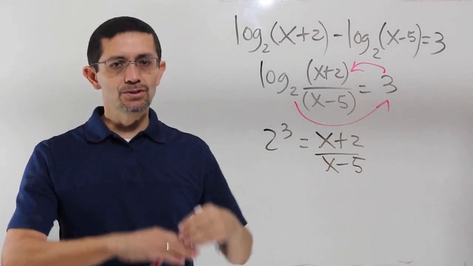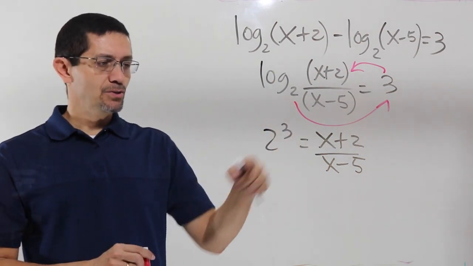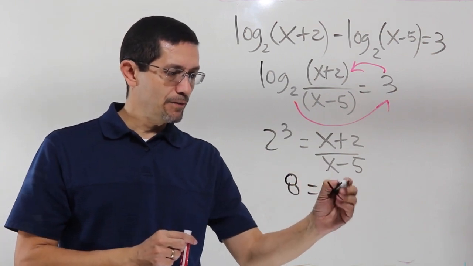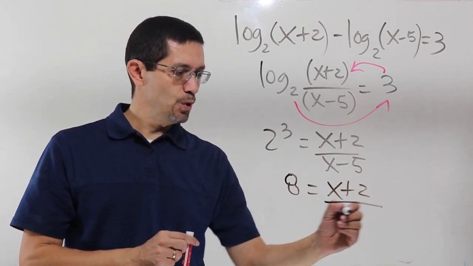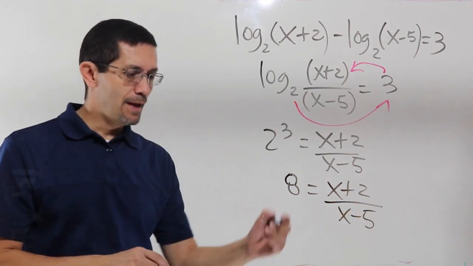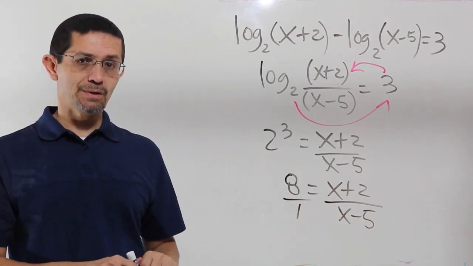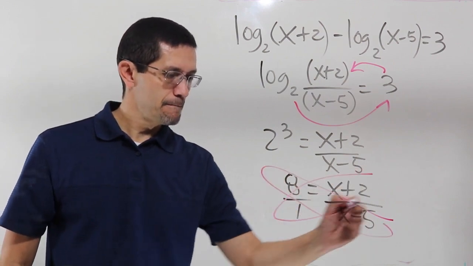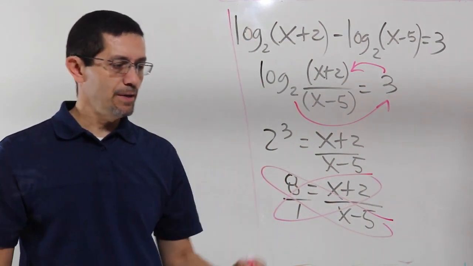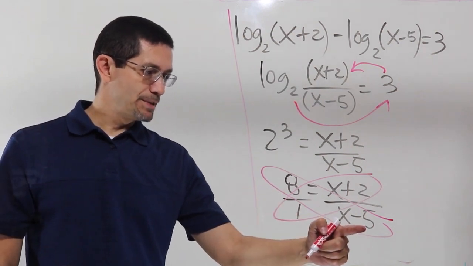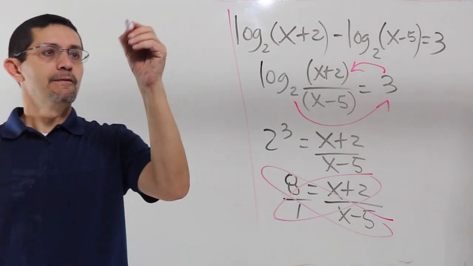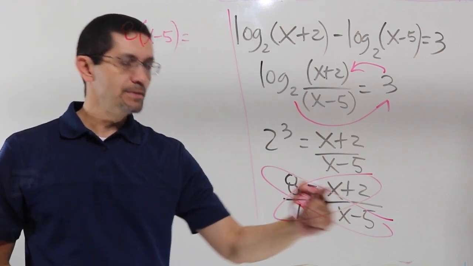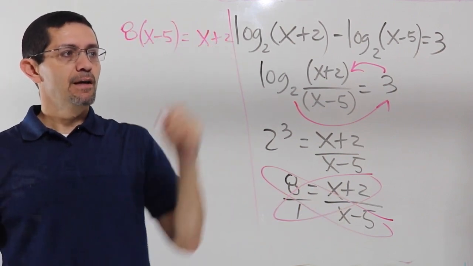Once I have an equation, it's just a matter of algebra. Okay? 2 to the third power is 8. And then I have x plus 2 over x minus 5. And now, cross multiplication. Okay? Let's work it out here. So I have 8 that multiplies x minus 5 equals 1 times x plus 2, which is x plus 2.